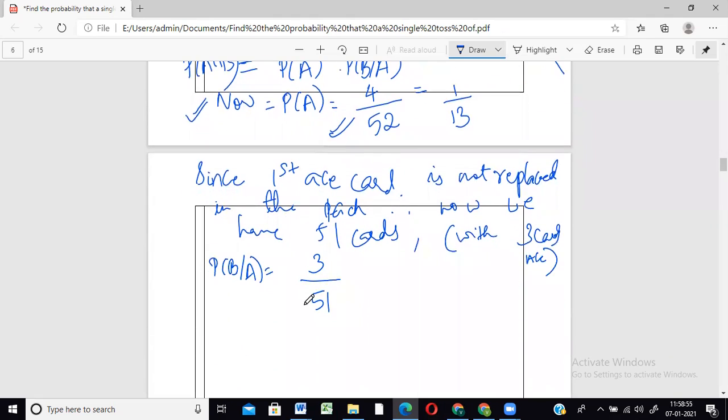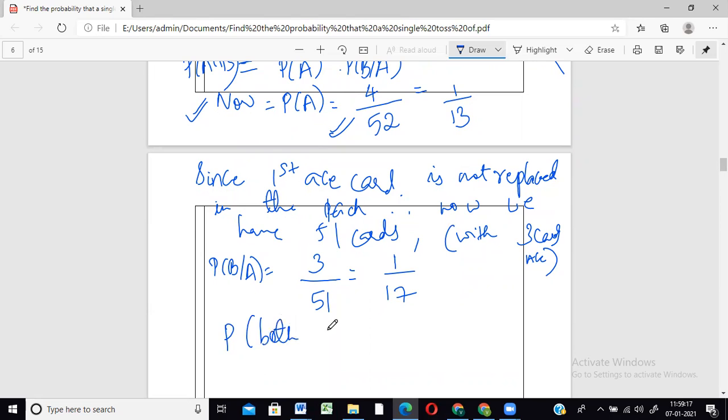And here we have one less. An ace card is less. So what is the total number of cards now? 51 now, 52 earlier. What is the total number of ace cards now? 4 earlier and 3 now. So that is how it is 3 by 51, and when you reduce it we get 1 by 17. So now, job done.